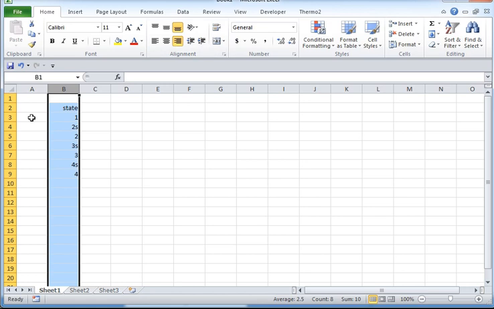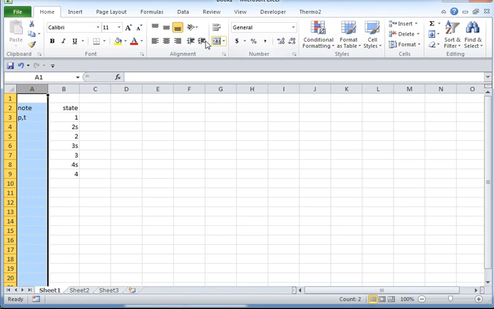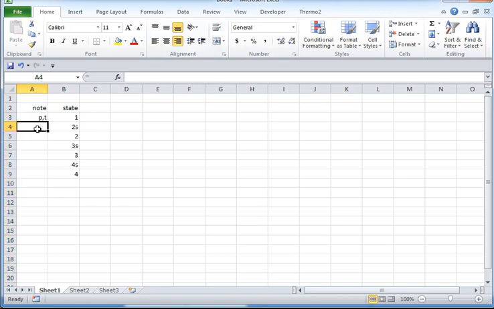Then talk to me a little bit. What dictates state 1? Pressure and temperature. Make a little note over here. Pressure and temperature dictate state 1, true? How about state 2s? What fixes the state? Pressure and entropy. And then 2 versus 2s, pressure and enthalpy.